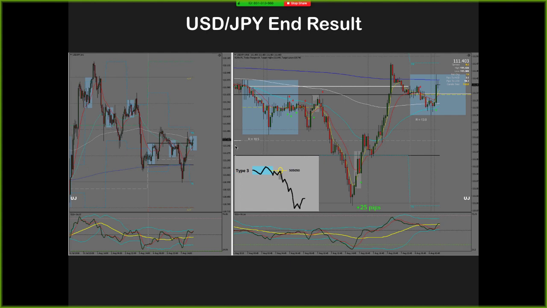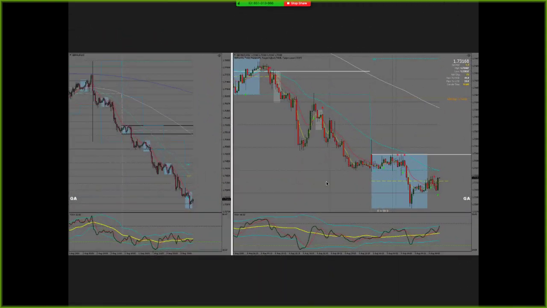Okay, so that was a type 3 for UJ, and then one more type 3 we had, which is a really nice trade. Also another trade that I was just a little bit too late to get up to take, but this was a very nice entry if you guys were able to catch it. GA had been in a very massive drop, like many days of drop here.